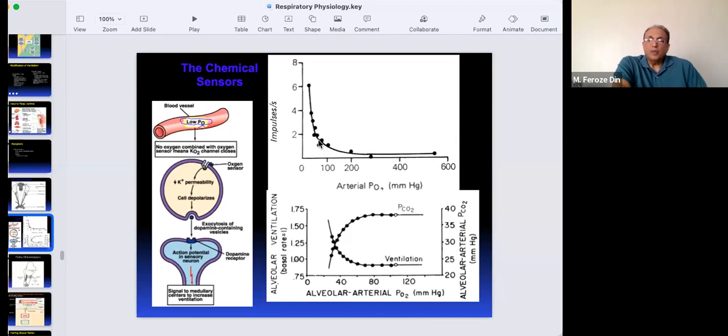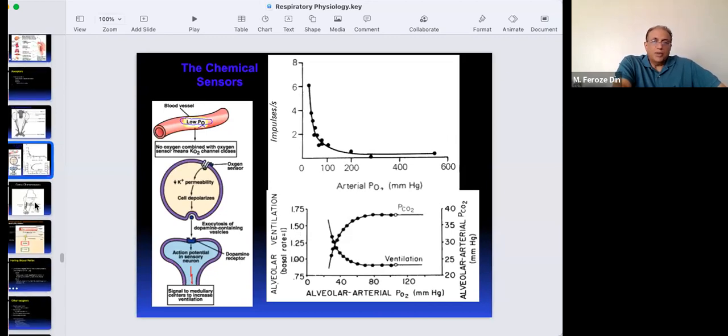Any degree of hypoxia results in the discharge from the aortic and carotid bodies. Yeah? We can leave this other graph for the time being. We will come to carbon dioxide in a few minutes.